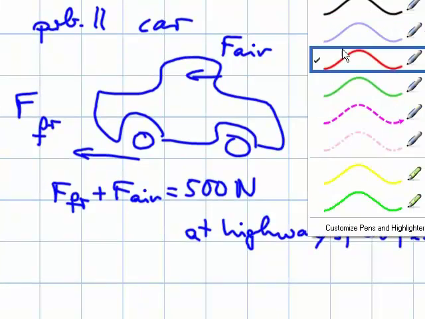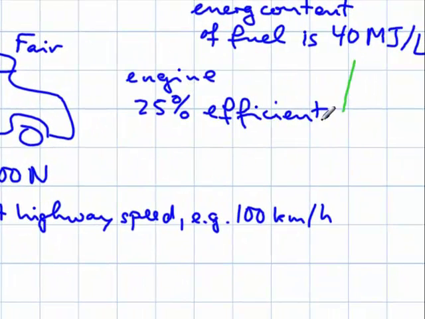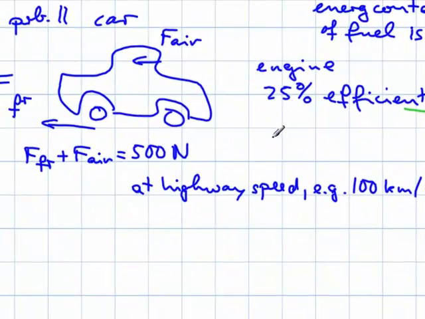So when I look at these numbers here, 10 megajoules per liter is actually used for the kinetic energy of the car, while the remaining 30 megajoules per liter is wasted as heat. That's exactly what the efficiency means.